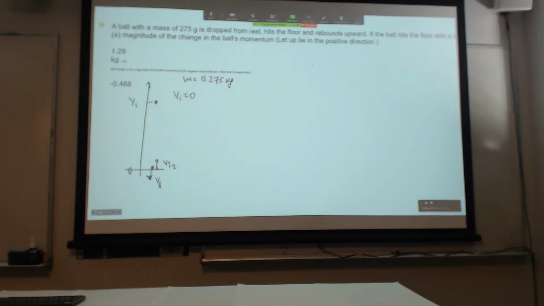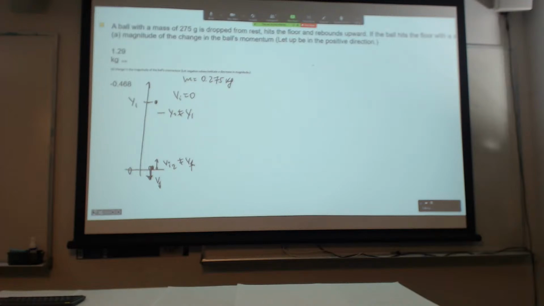If the collision is not ideal, some part of energy might be lost due to internal friction, external friction, and this velocity may not be equal to the final velocity of the ball when it hits the ground. And probably that is the case because y2 is not equal to y1. Is that correct? Yes, that's correct.